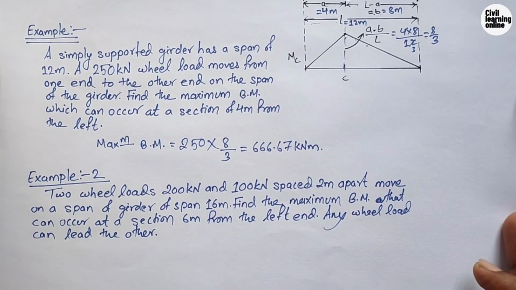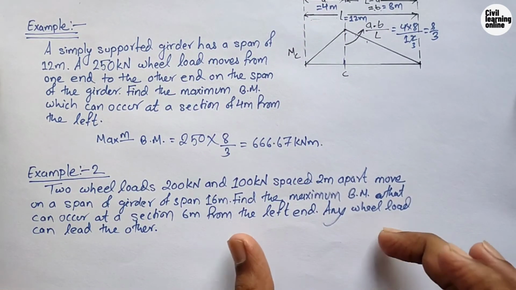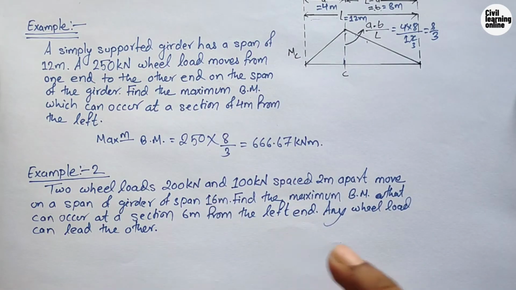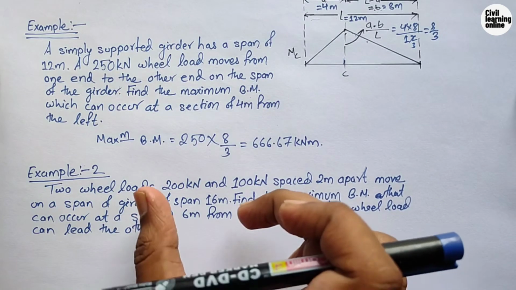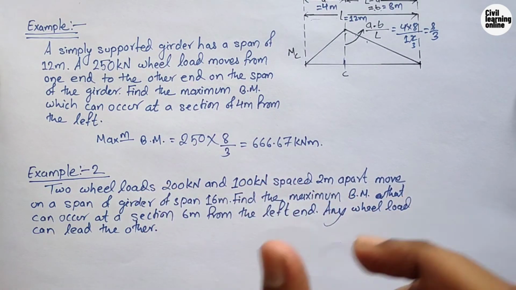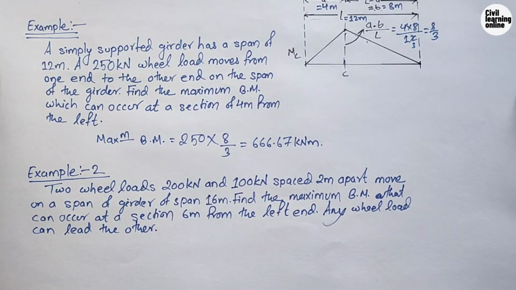Let us first draw a girder of span 16 meter, and after that we will draw the influence line diagram, and then we will place these loads on the girder to calculate the maximum value of the bending moment.